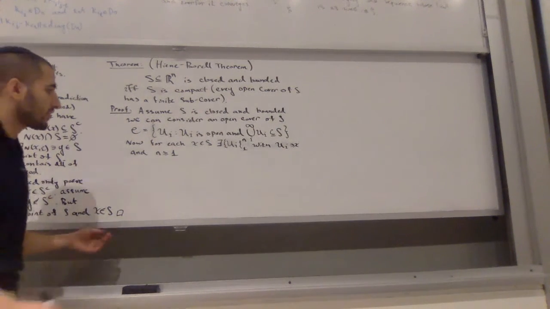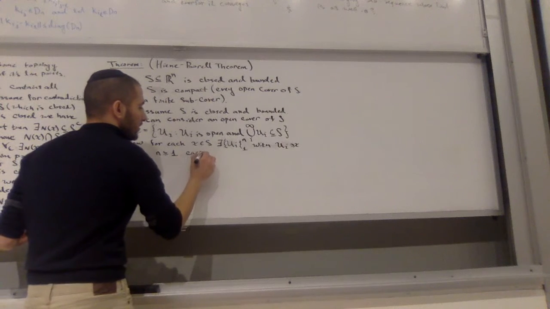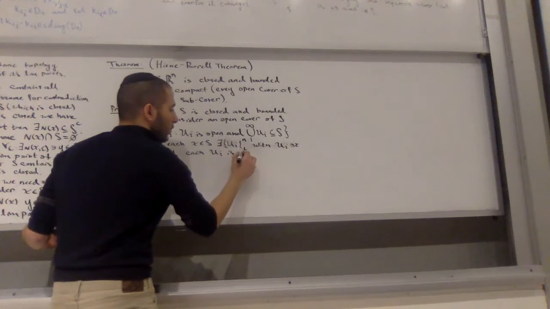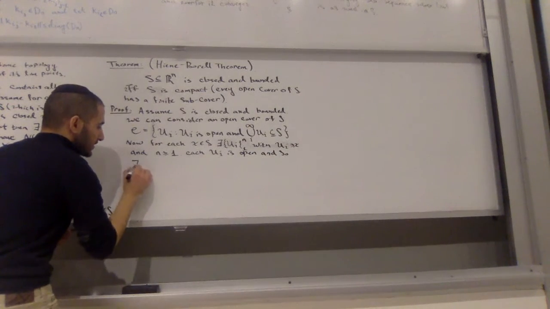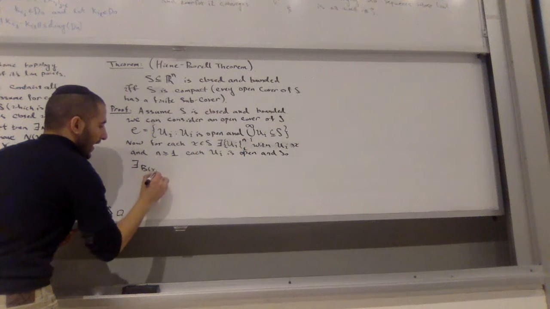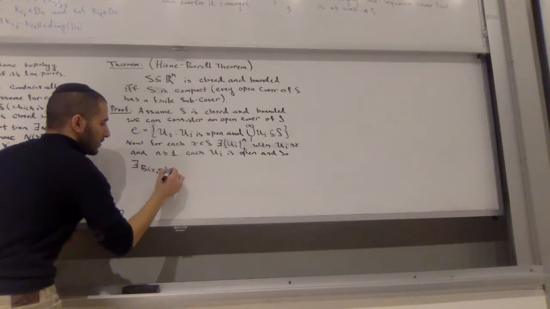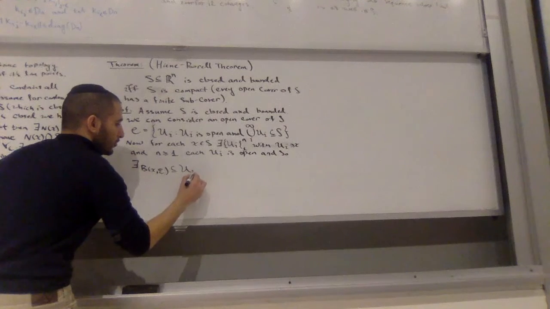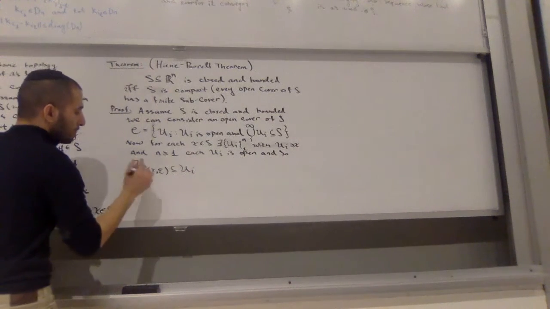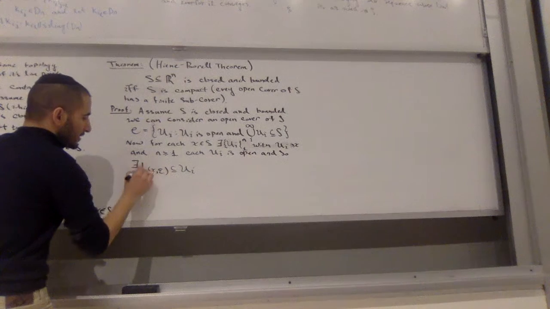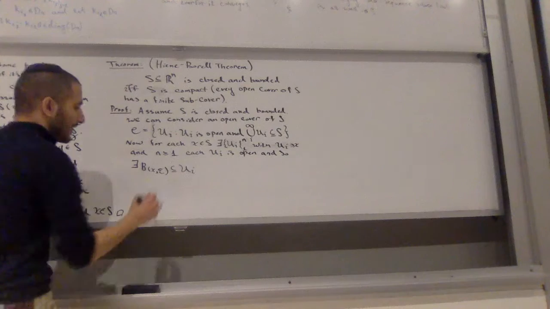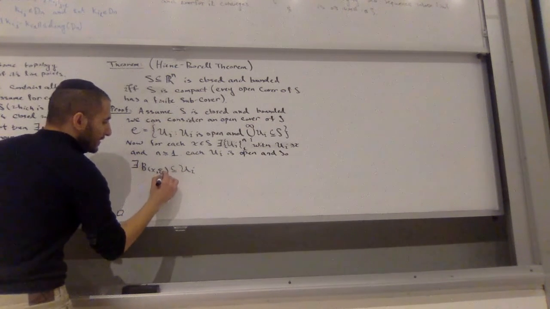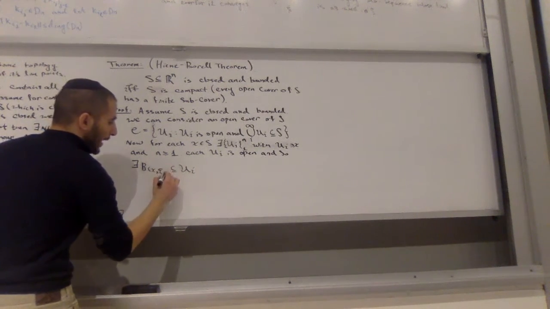Okay. Each U_i is open, and so there exists a ball centered at X of radius epsilon, which is entirely contained in U_i. In fact, we could say there exists a ball, let's say B, and each U_i will have a different epsilon, so we call it epsilon max. Let me rewrite.